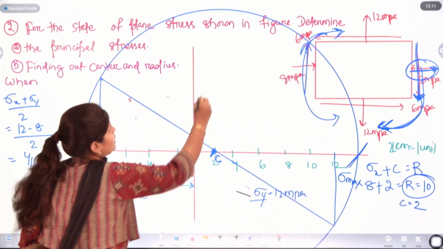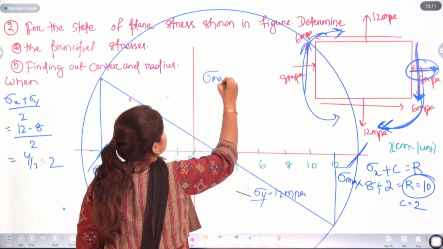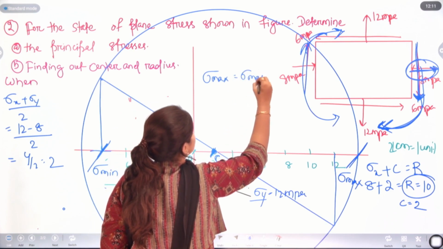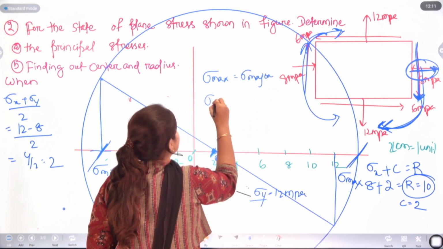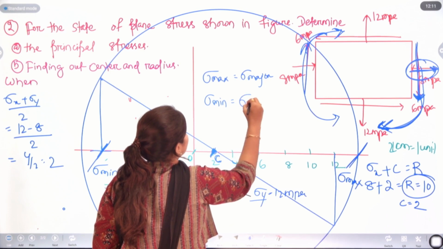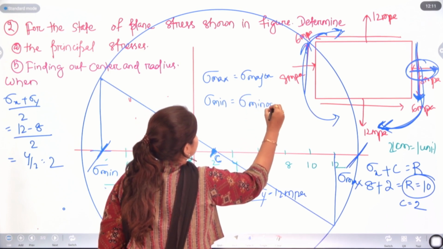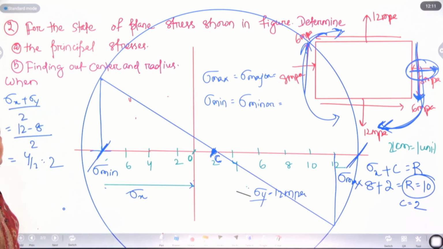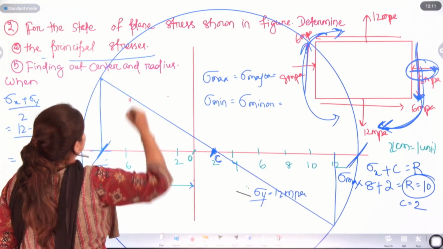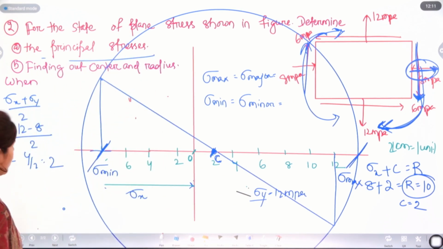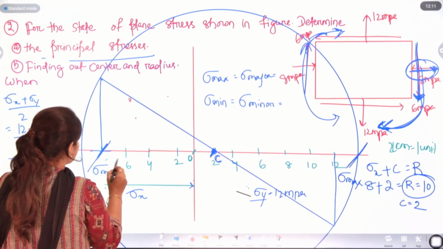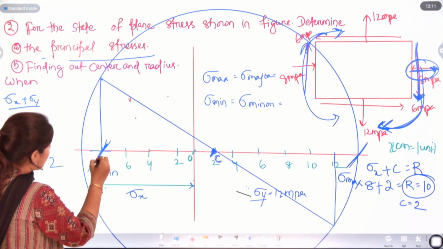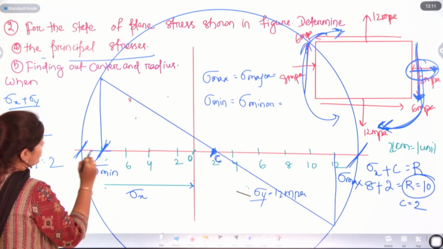That will be sigma max, sigma major, and sigma minimum, that will be sigma minor. Those values will be your principal stress values. We need to add sigma maximum with up to this point.